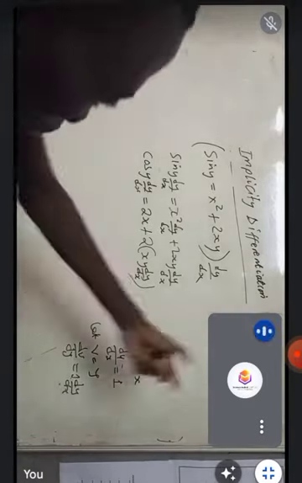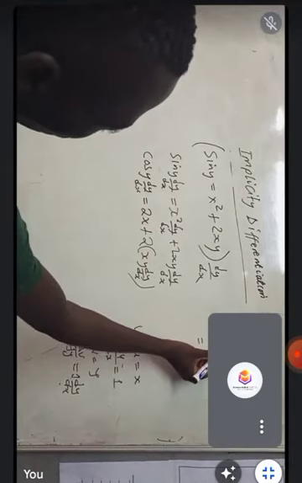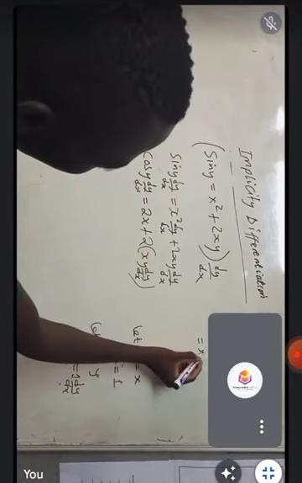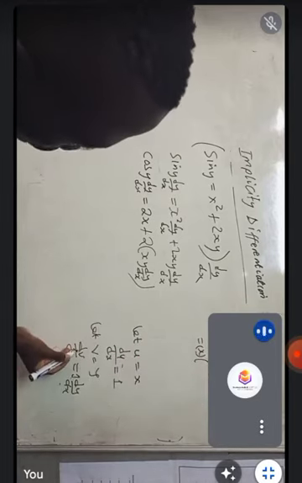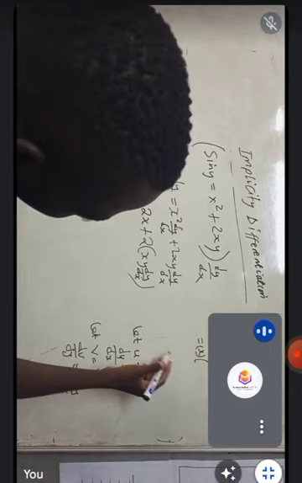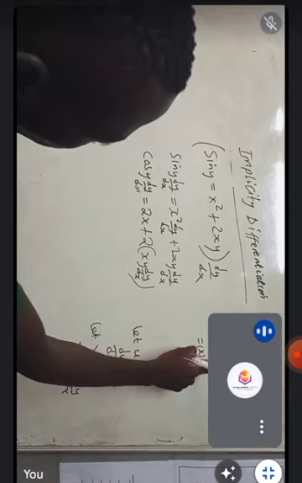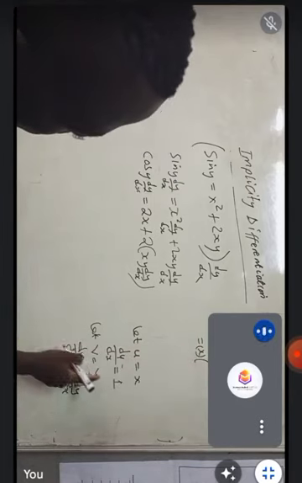Then you are going to replace in the formula. Our u is equal to x. Then dv dx. In this case, we are supposed to put y here since we are differentiating y.